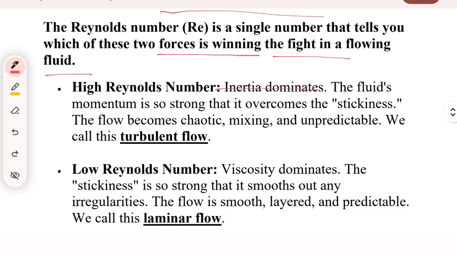The fluid's momentum is so strong that it overcomes the stickiness, or the viscosity, of the fluid. So the flow becomes chaotic, mixing, and unpredictable. When the Reynolds number is high, this kind of flow is what we call turbulent flow.